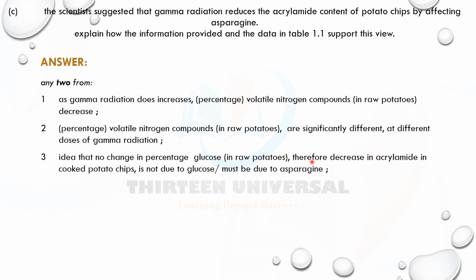Therefore, they didn't say you should describe, that's why they're adding this explanation. If they said you should describe, we state the trend and quote data, that's all. Therefore, the decrease in acrylamide in cooked potato is not due to glucose, it must be due to asparagine.